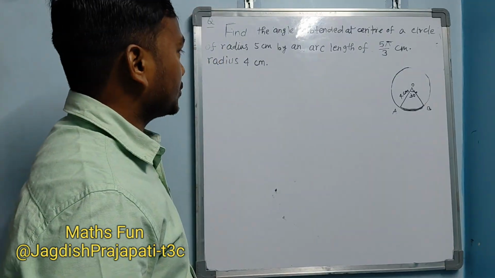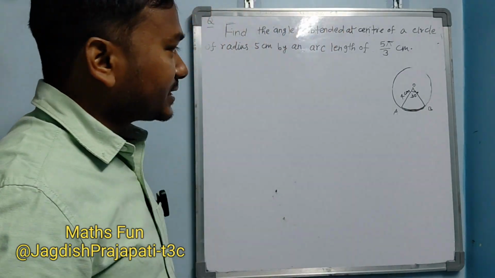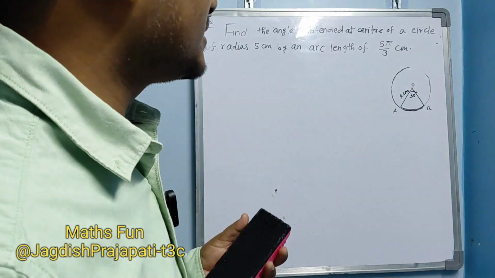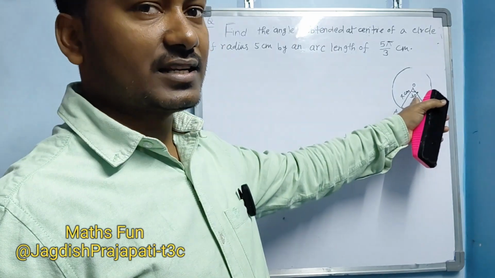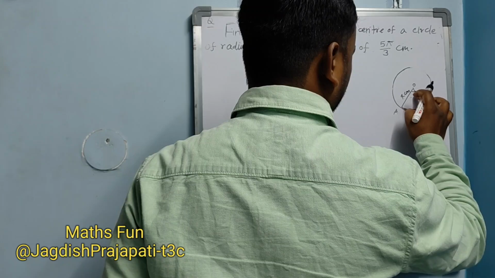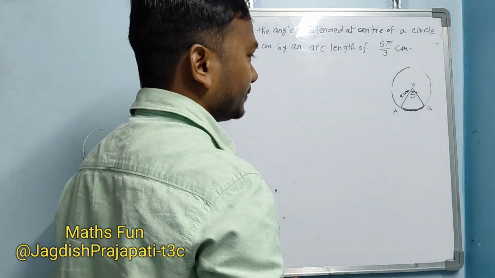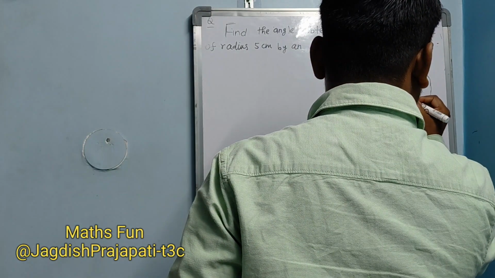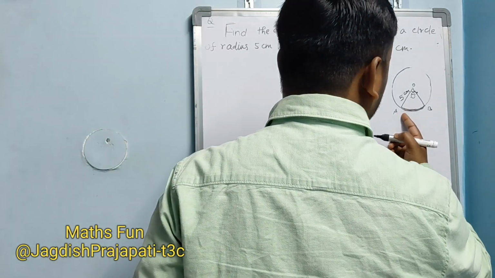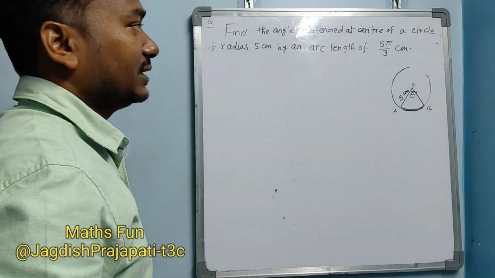So in this question, we are given the radius of the circle and the arc length that subtends an angle which is not known. So in this case, let's say this is theta in degrees. It is given that the radius of the circle is 5 centimeters, and AB is the arc length that subtends the angle theta at the center.